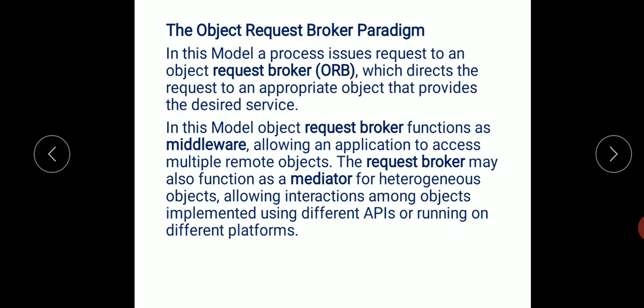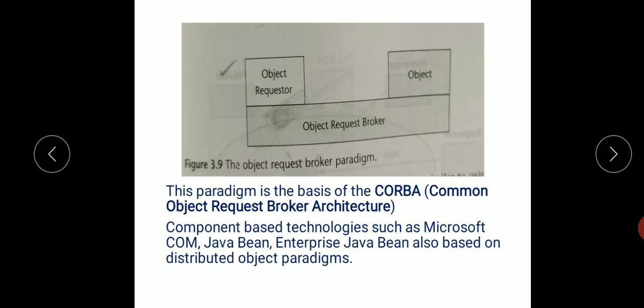See, this is how the object request broker paradigm works. The object requester contacts the object through the object request broker, which is a mediator between the object requester and the object.